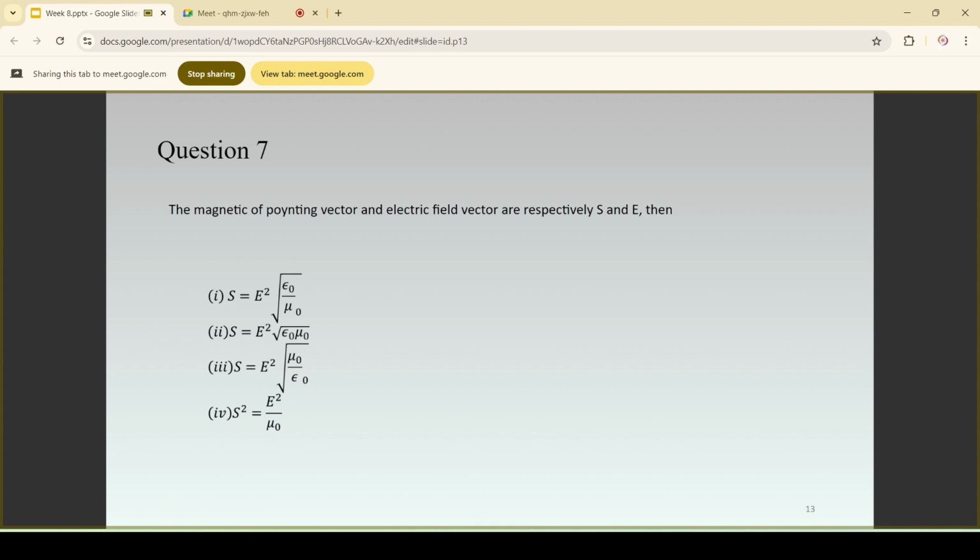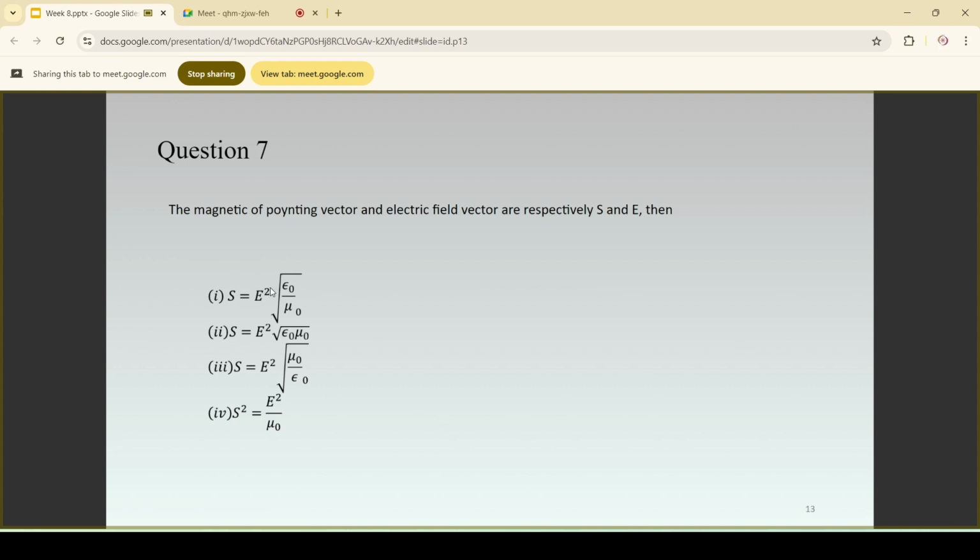So epsilon becomes epsilon naught and mu becomes mu naught. So it's true for a vacuum case. So we have this magnitude is nothing but epsilon naught over mu naught into E square. Okay, this is how it is.